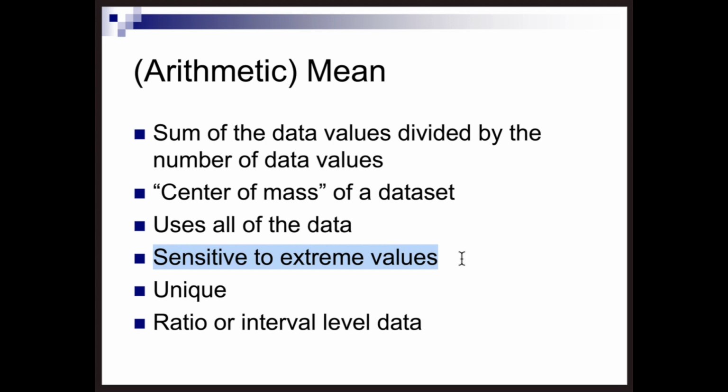Now, the other thing that I would point out is that for a given data set, the arithmetic mean is unique. In other words, there's only one value for that arithmetic mean. Again, that may seem like an unusual characteristic to point out, but we'll see that for at least some of these measures of location, uniqueness is not a characteristic.